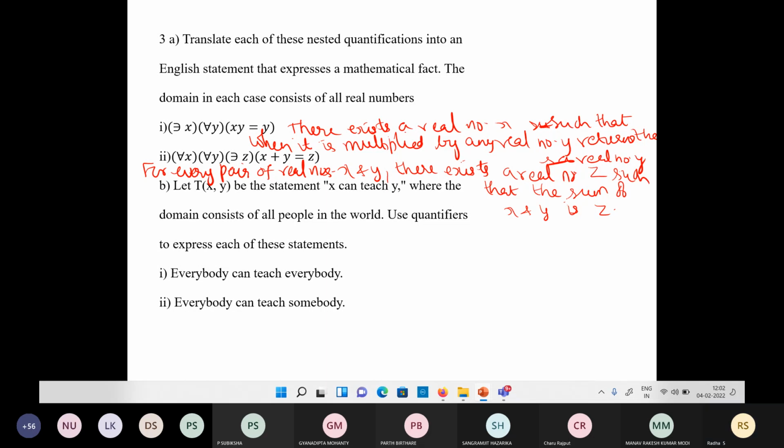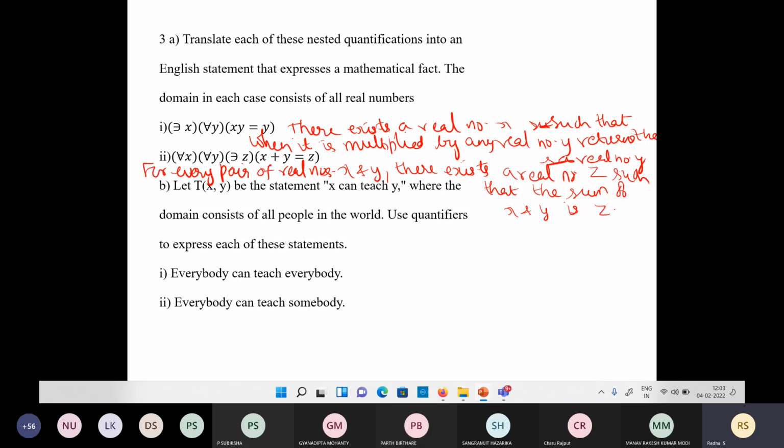Okay, what about the third one? So this is logic here. It has many answers. Only thing is, it should not deviate from the actual meaning. Otherwise, you can write it in many ways.